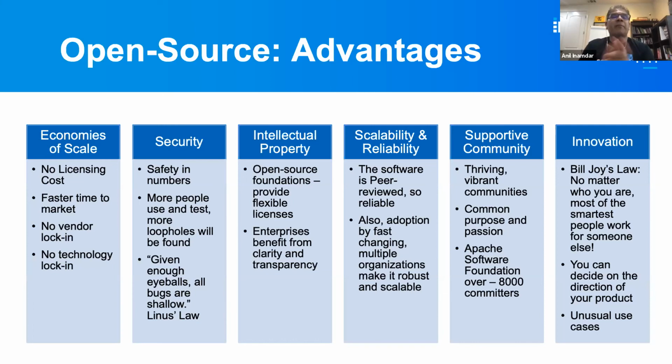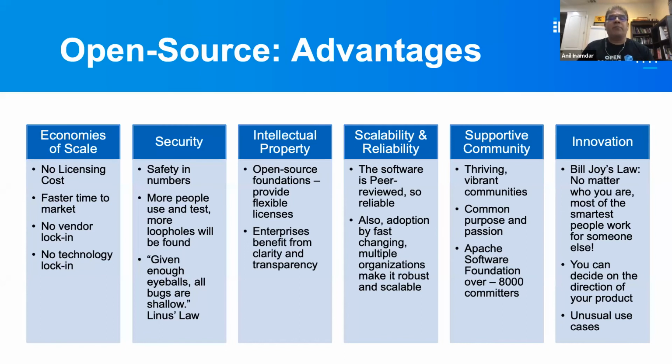A supportive community is the next item. One thing that differentiates open source is the community. Many popular software projects have the support of thriving, vibrant communities that are working on software they love for a common purpose, and they're very passionate about that.